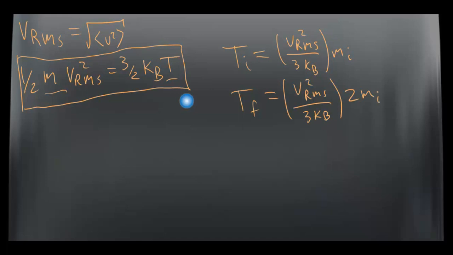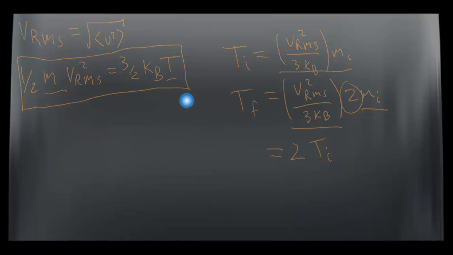And it's easy to see here that this and this are the same as what we have up here, and now we just have an extra factor of 2. So what that means is that we can write this as 2 times the initial temperature. So the final temperature is 2 times as big as the initial temperature.